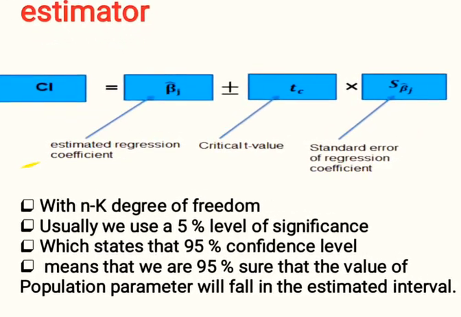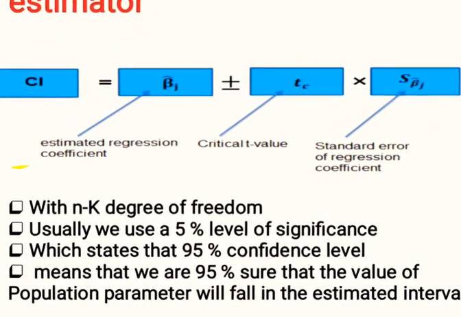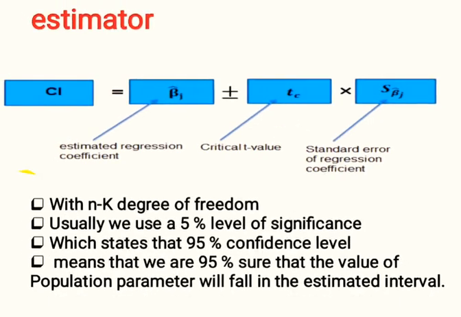Look here, CI, the confidence interval, is equal to beta 1 cap, let's suppose this is beta 1 cap, plus minus t alpha by 2, that is the critical value, times the standard error of beta 1 cap.